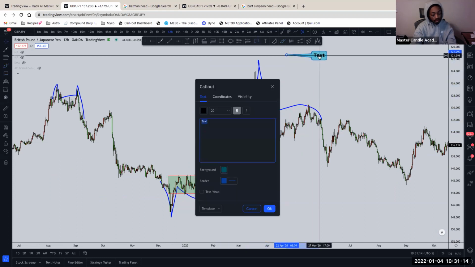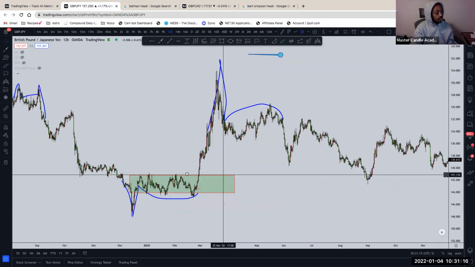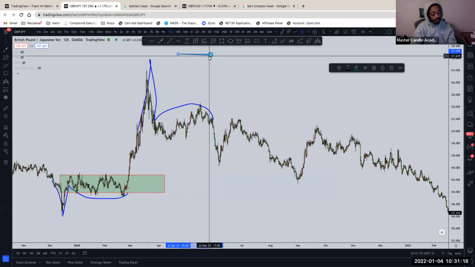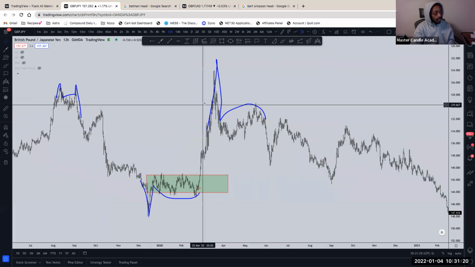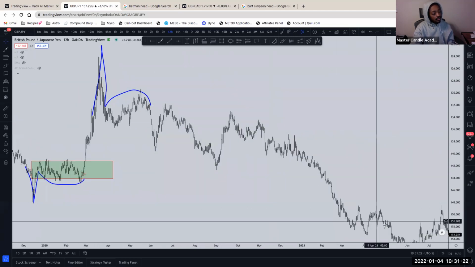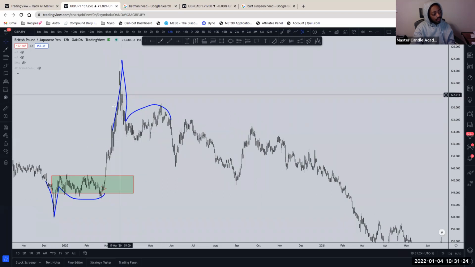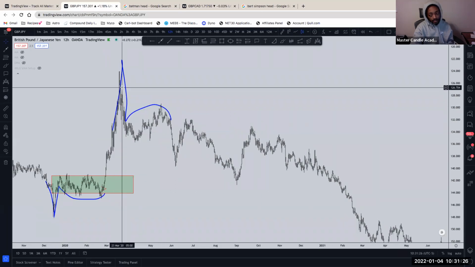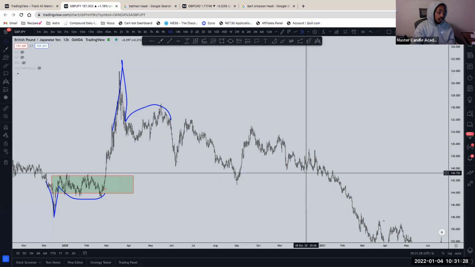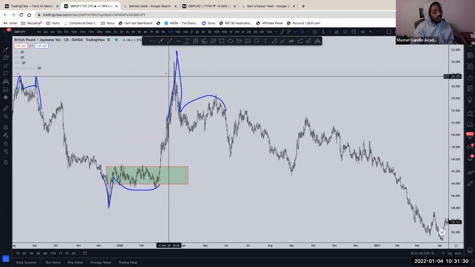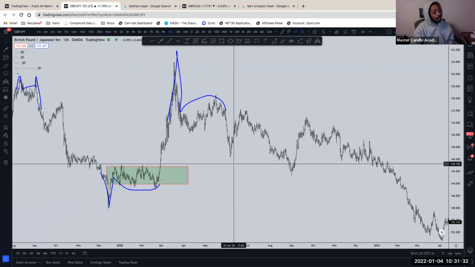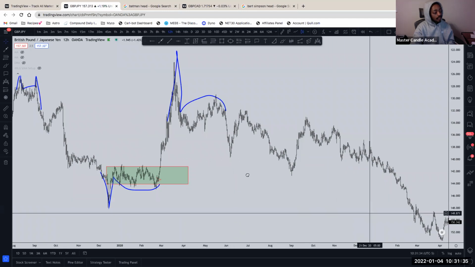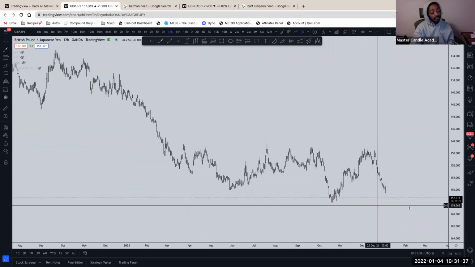I think it drops for a long time too. Yep. And you can catch this whole move just by knowing what this is. Honestly, you can catch this whole move just by knowing how to read the patterns. Is this making sense? Is anybody confused?